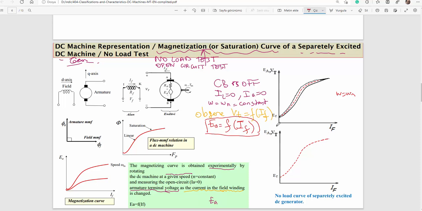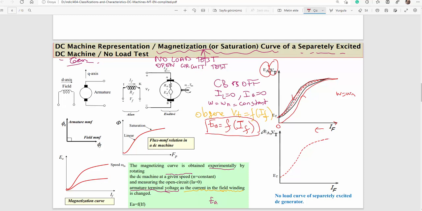We start from 0 field current and then we increase field current. Terminal voltage will increase. It is equal to EMF when there is no load. And then decrease field current.